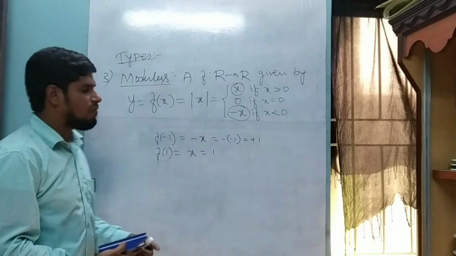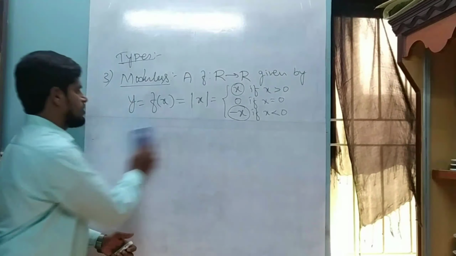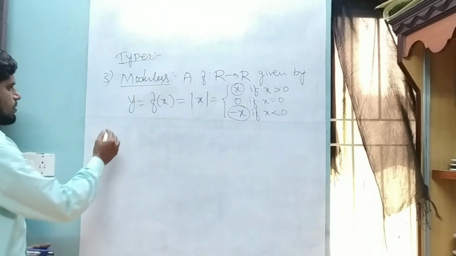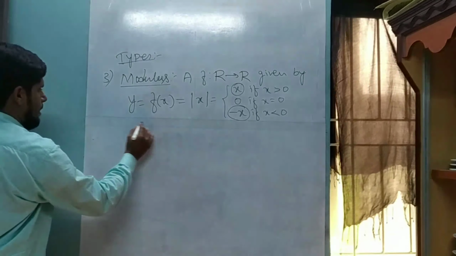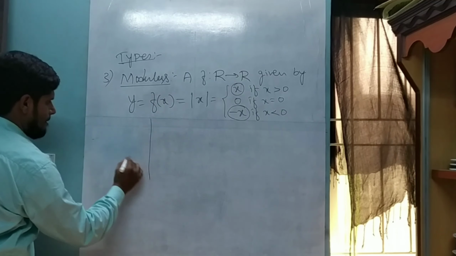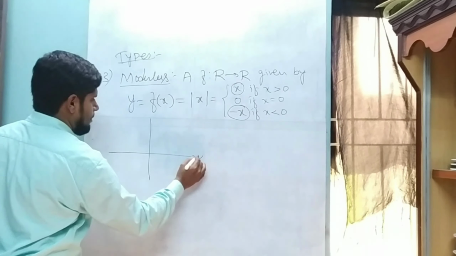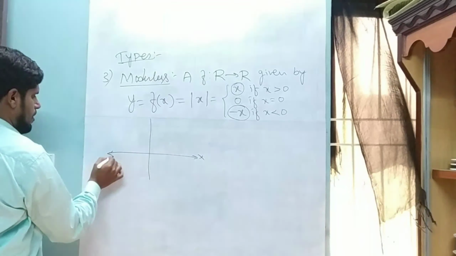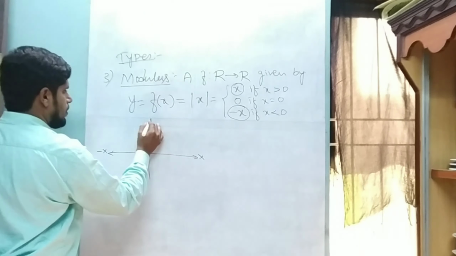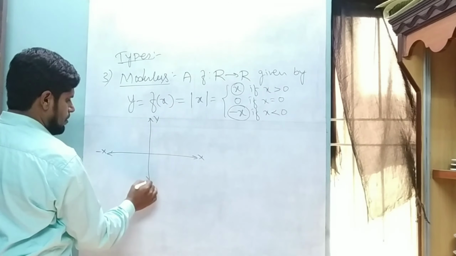Let us see the graph of this modulus function. Graph. Positive x-axis, negative x, positive y, negative y, origin 0. Okay.